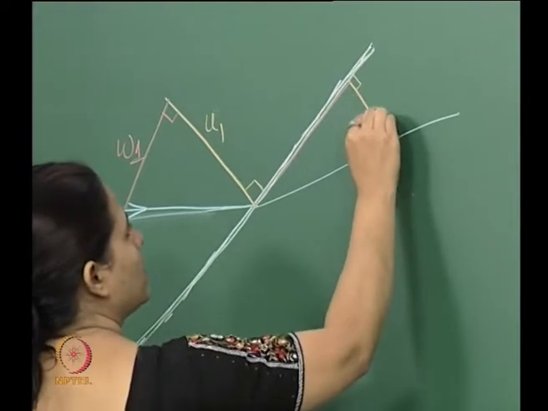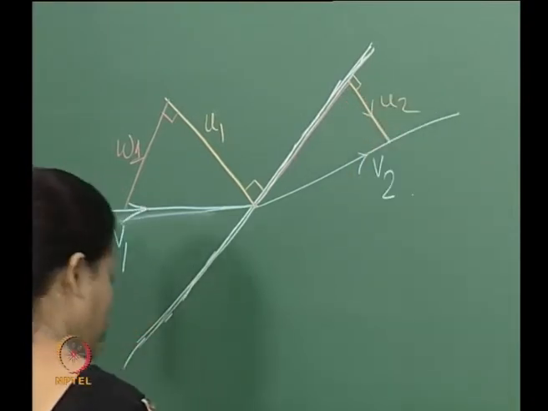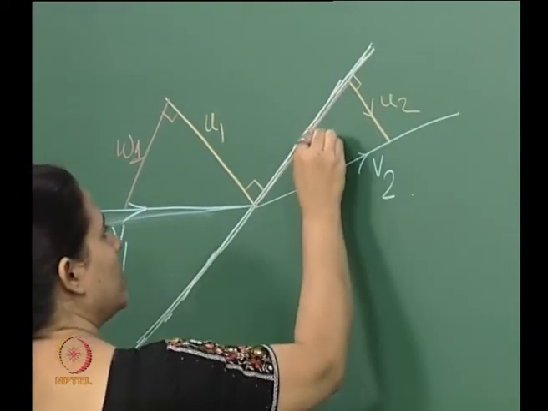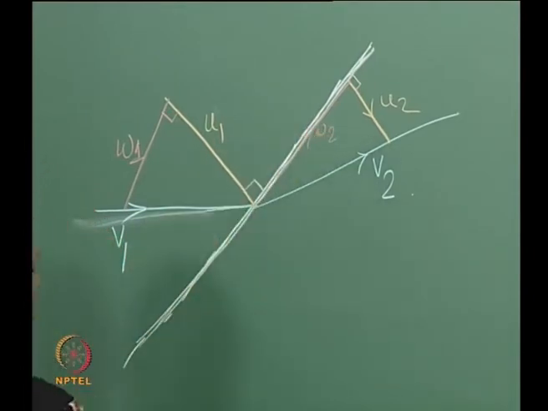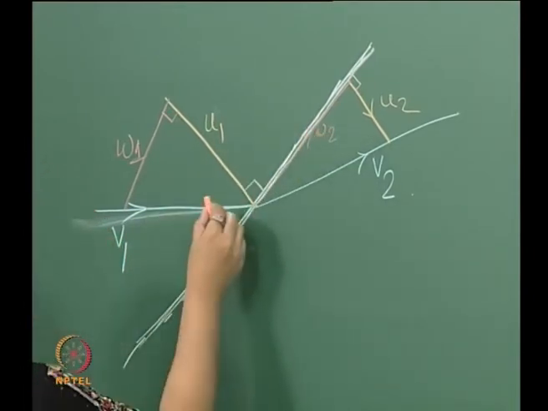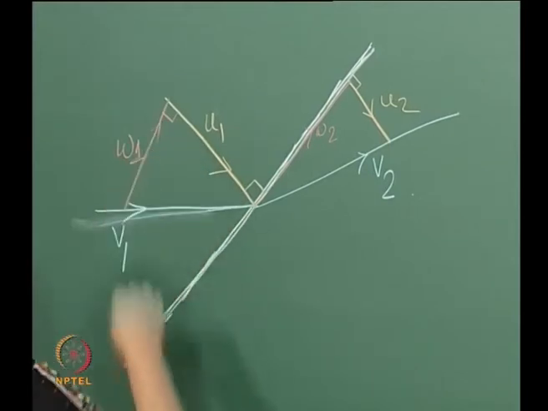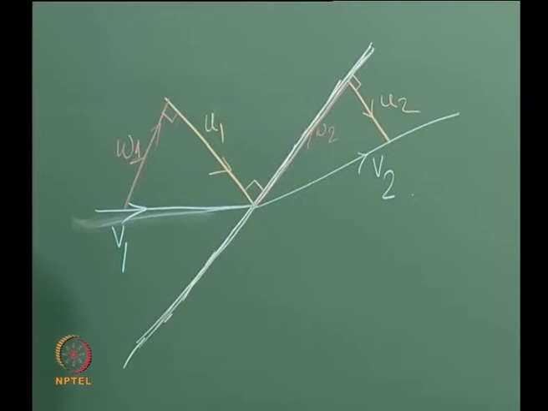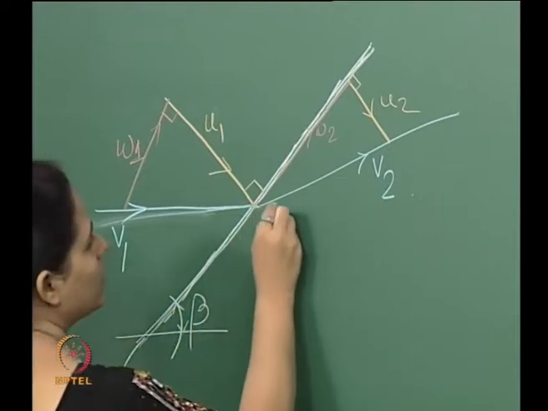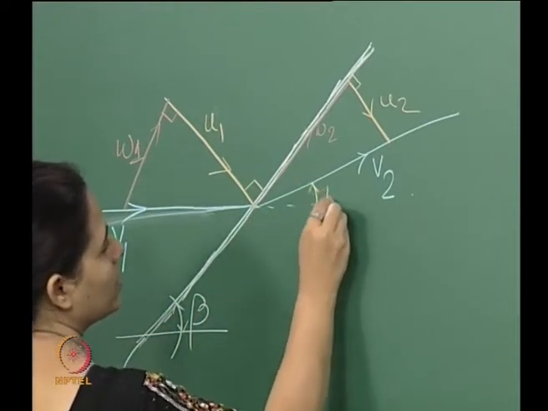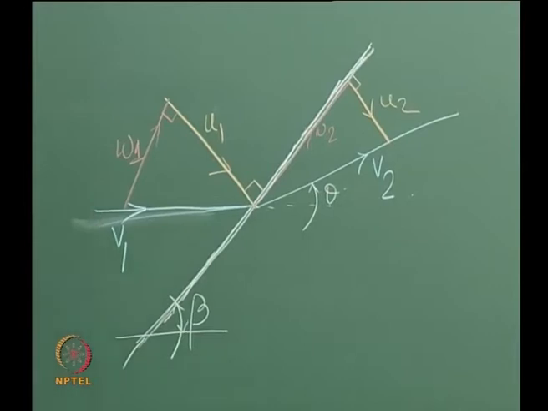So this is V2 and this is W2. Okay, so this is from geometry, and we said that this angle is going to be beta and this angle is theta. Okay, this is the thing.